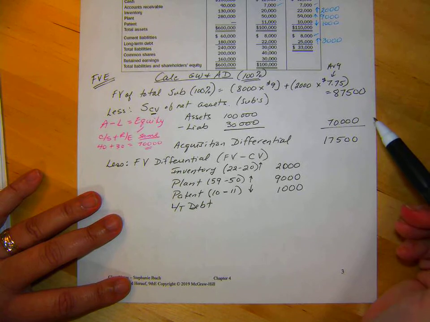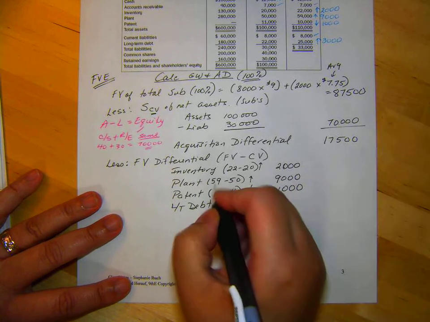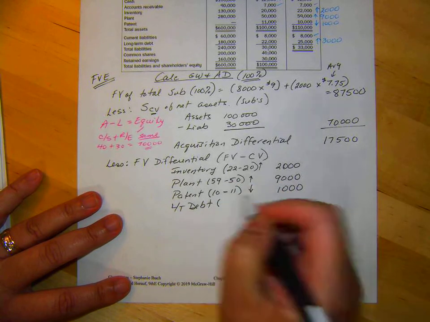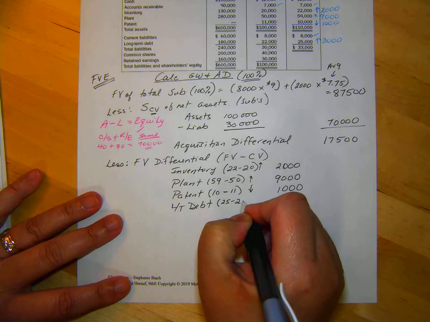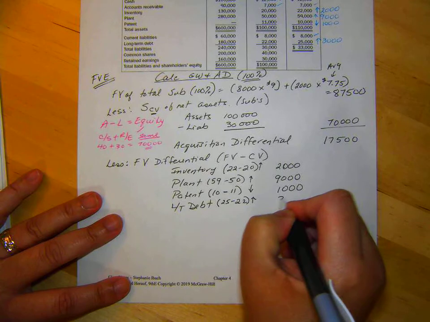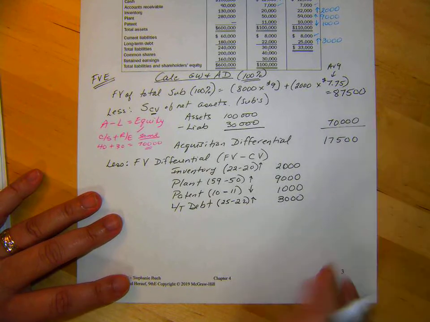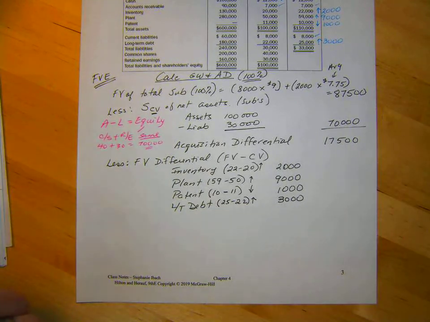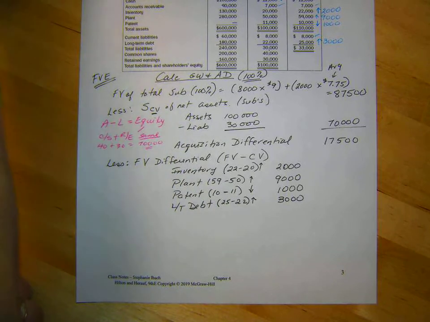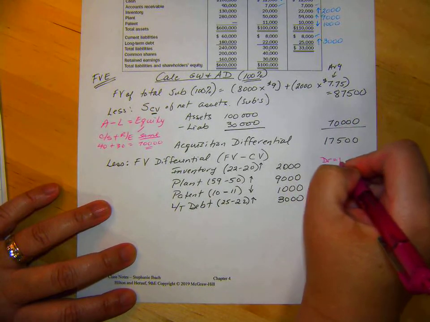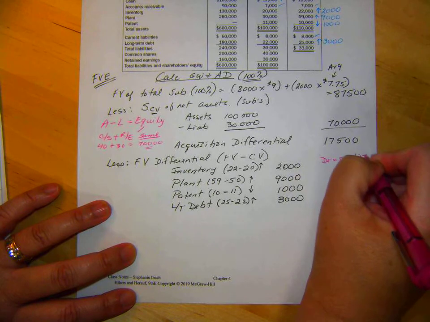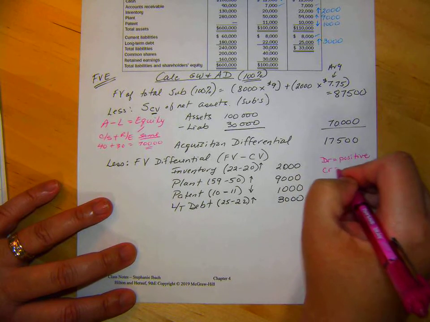And long-term debt is going up, 25 minus 22, by 3,000. So our little rule for ourselves was debits equal positive and credits equal negative.